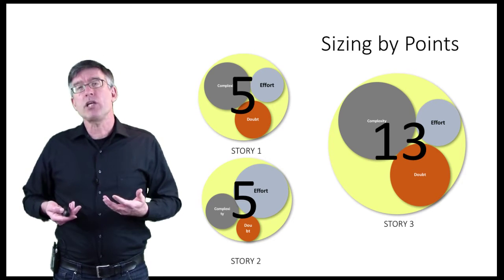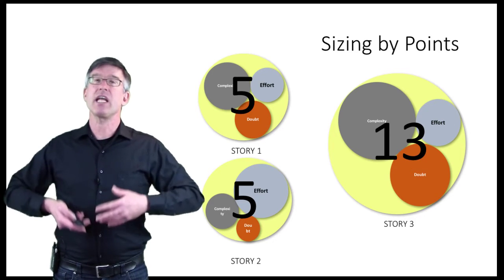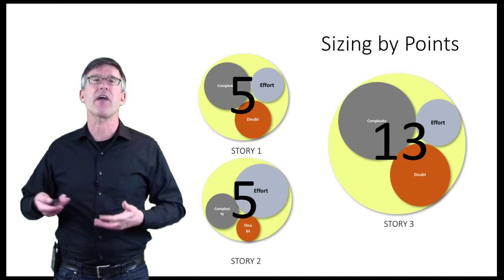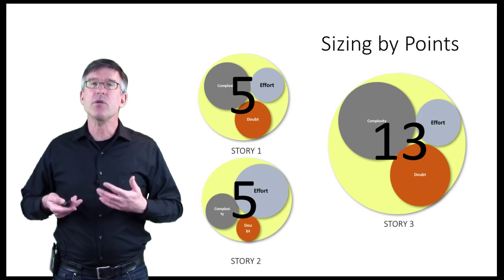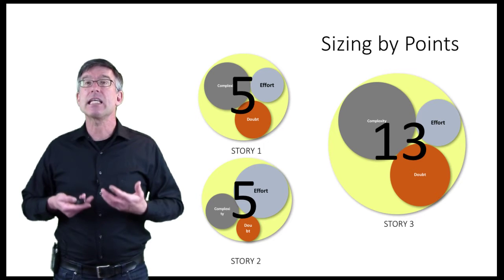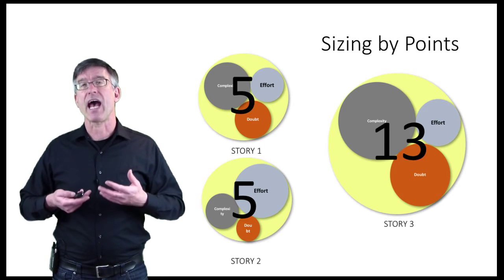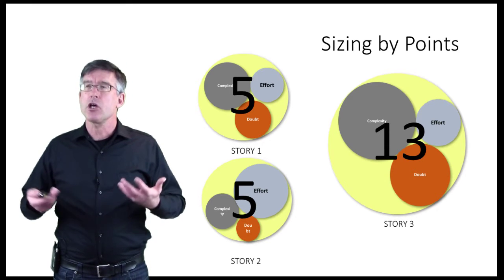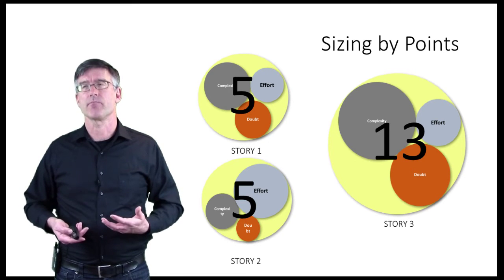And the 13-point stories look like other 13-point stories, and are about 3 times as big or 2.5 times as big as the 5-point stories. So there's some consistency in the way that we assign these numbers as the representative of the size of the story. It's still relative sizing.